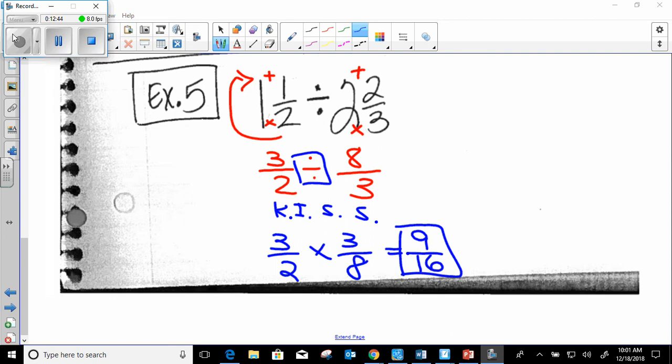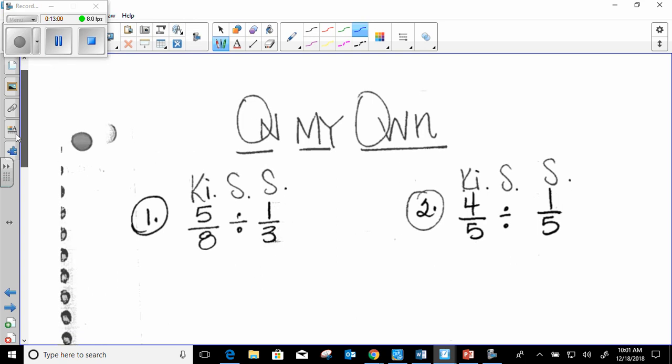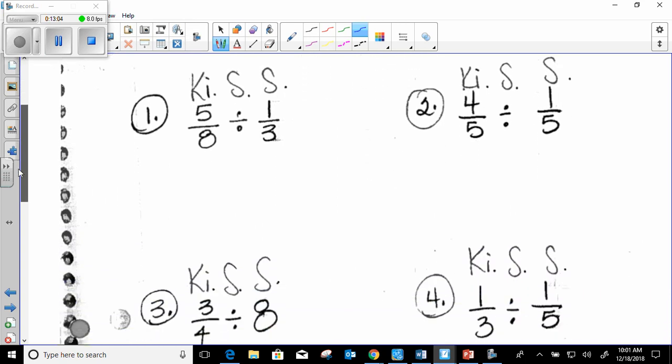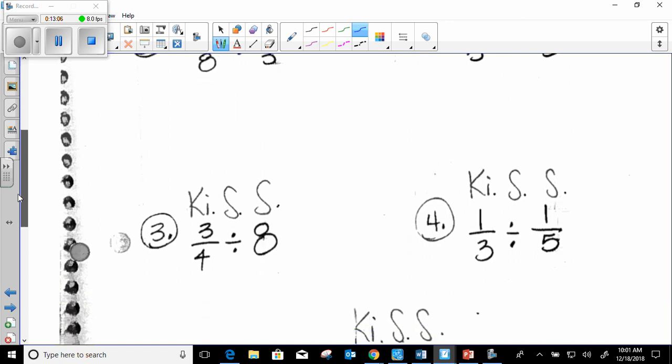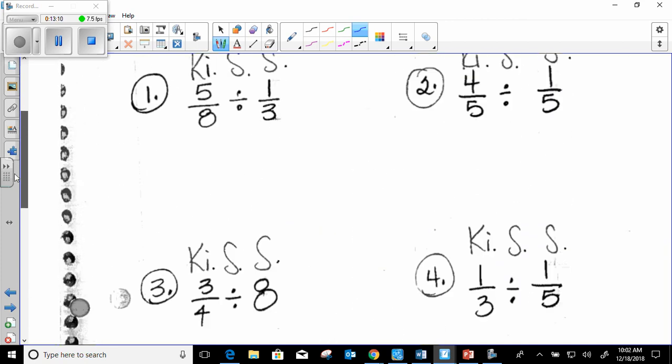Remember, when you are dividing mixed numbers, to change them into improper fractions before you switch the division sign to multiplication, then flip or find the reciprocal of the second fraction. Okay, now I would like for you to do these problems on your own and pause in between when you are done.